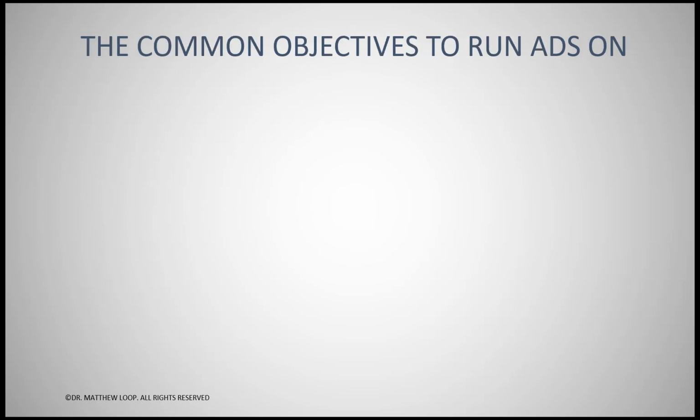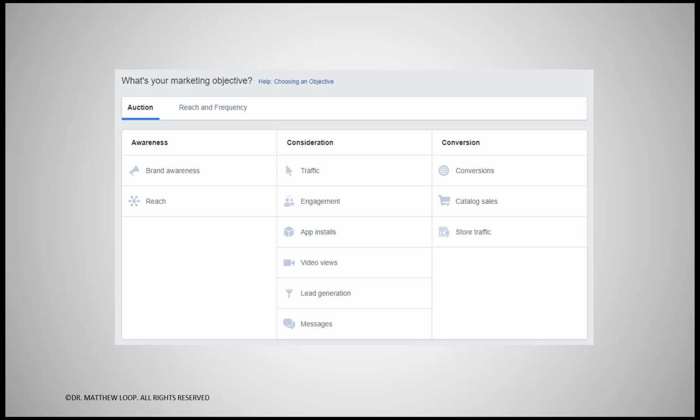Now, in conjunction with those things that I mentioned, the common objectives where you will run ads on Facebook are the following. In this middle column here, you've got traffic, which basically just means you're driving traffic from Facebook to a third-party website off of the platform. So if you're doing workshops or you're driving traffic to your website. The second one, engagement, that's basically where you are promoting a post on your fan page.